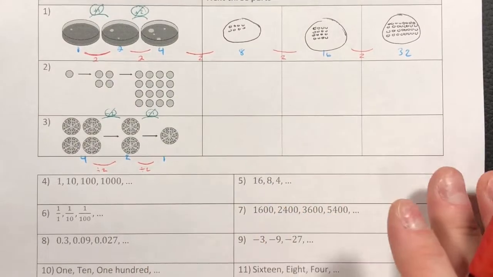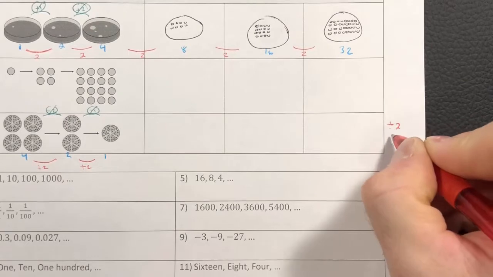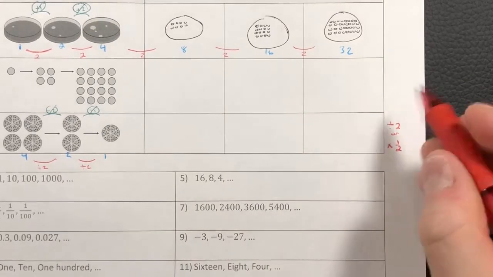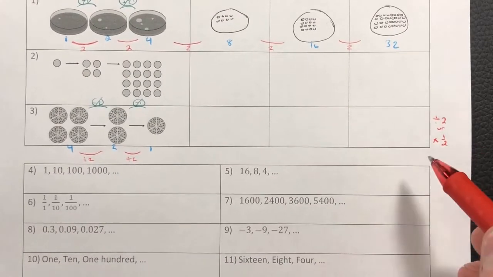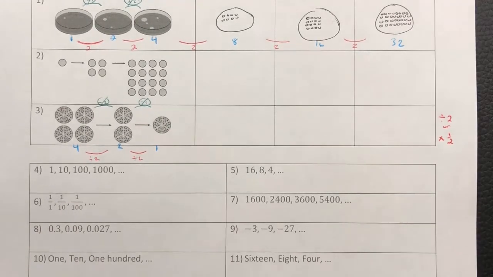And now remember, with geometric patterns, I can either say that this is a divide by 2 or I can say this is a times 1/2. Either way, the pattern is going to be the same. And we're going to see that later on, the multiplying by 1/2 is probably going to be an easier way to do things. Okay.